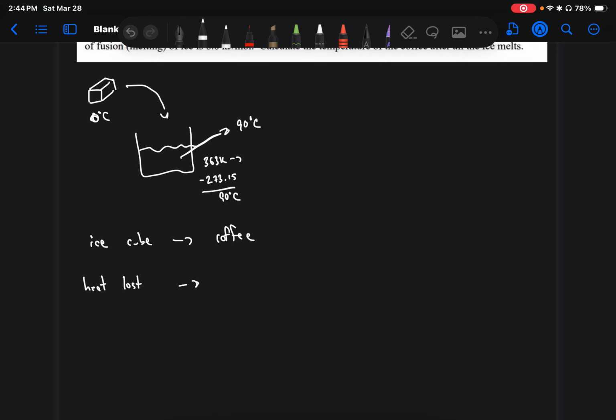The heat of the ice cube, but does the ice cube even have heat? I don't know. Interesting. Okay, so this is low-key getting a bit confusing, bro. Warming the result.